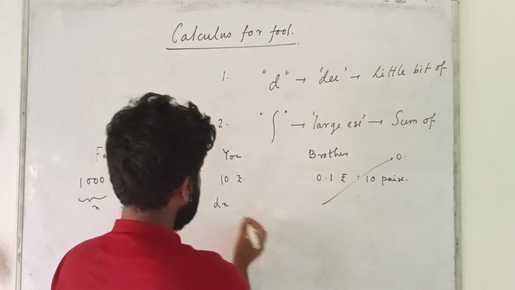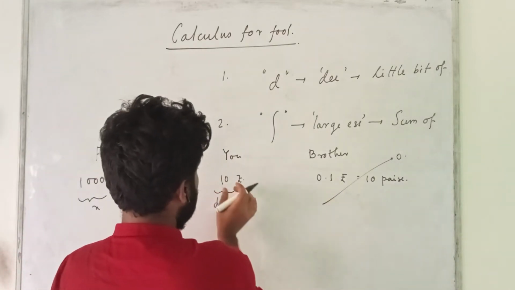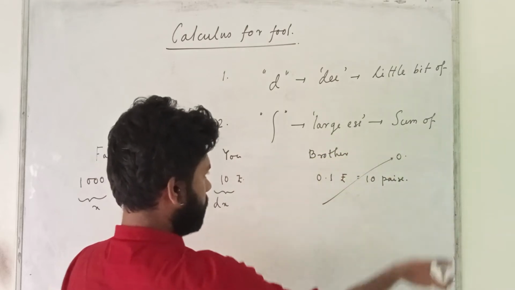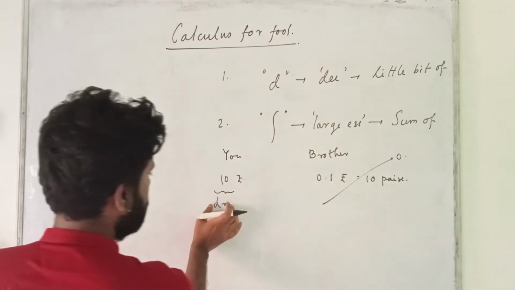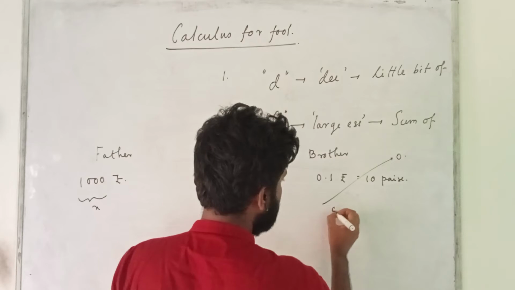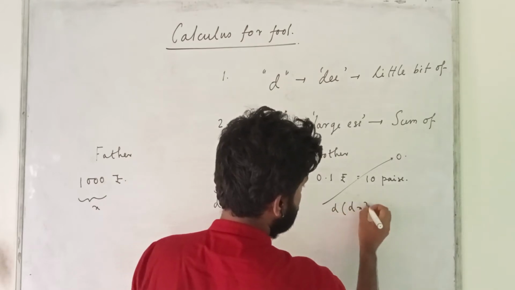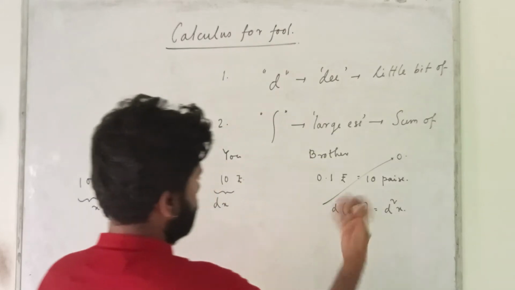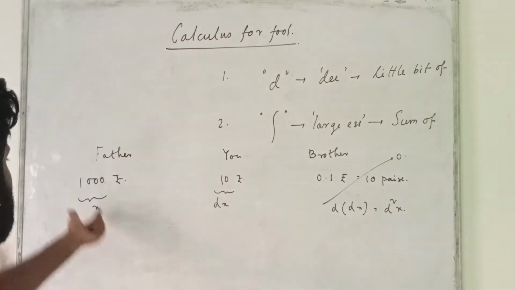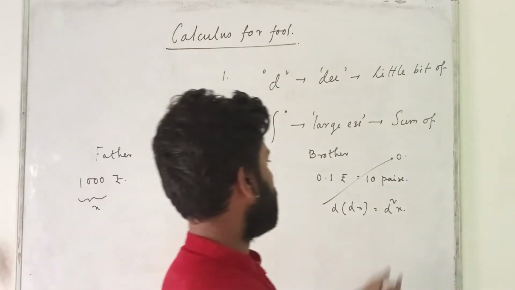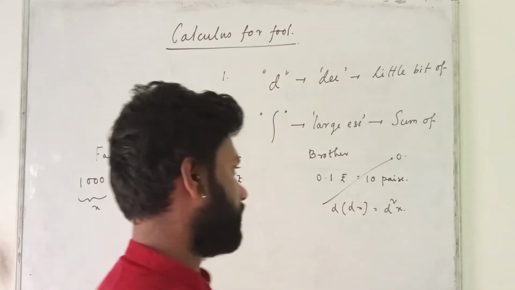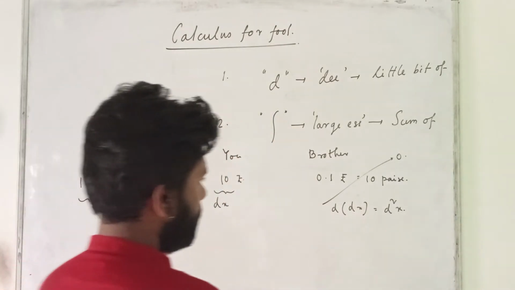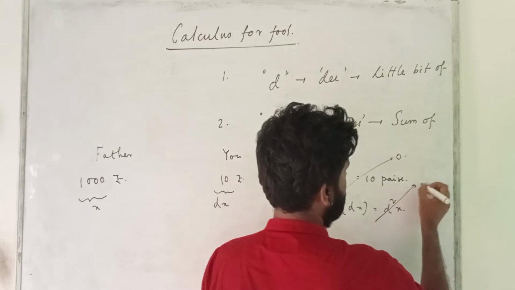And if it is dx, another small fraction of this thing is a d of dx, so it is d squared x. In comparison with x, the d squared x is very small. You can cancel it. So it is 0.